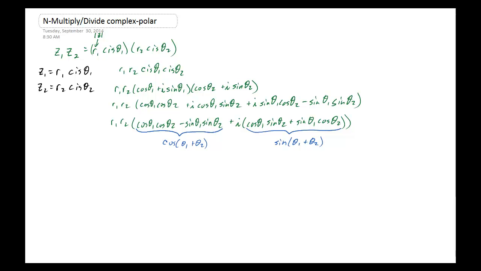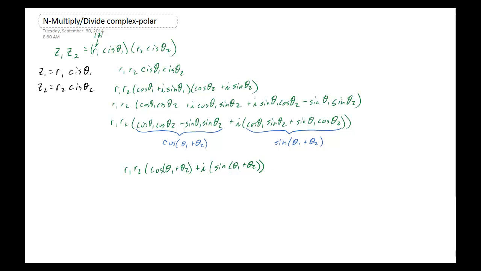So again, we have just the formula from your equation packet. And if we now rewrite this, we have r1 r2, cosine of theta 1 plus theta 2, plus i, and some of you may see what I'm trying to get at right now already, sine theta 1 plus theta 2.